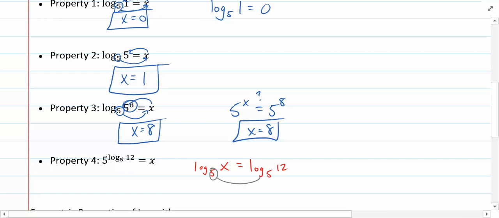So 5 raised to this power, this is the entire number that replaces the power, must be equal to x. Well, if logarithm base 5 of x is equal to logarithm base 5 of 12, what does x have to be? X has to be 12.